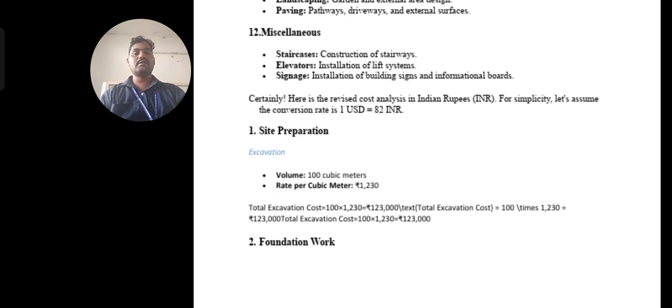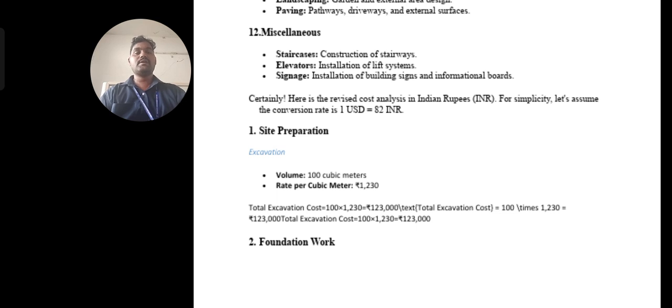The rate is given as 1230 per cubic meter. To estimate the cost, 100 cubic meters multiplied by 1230 gives approximately 1 lakh 23,000. That cost is needed to prepare the site.